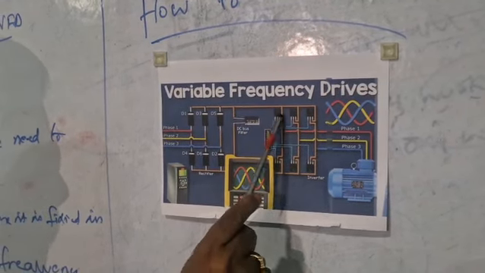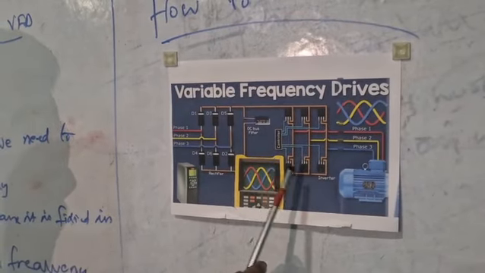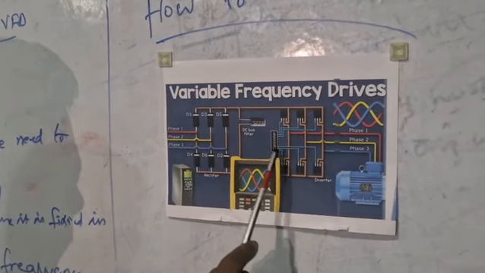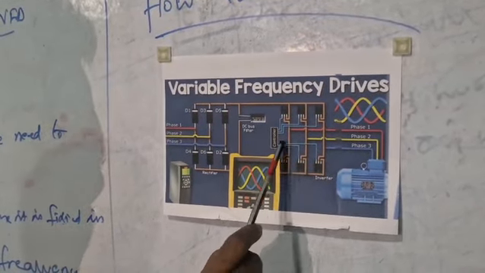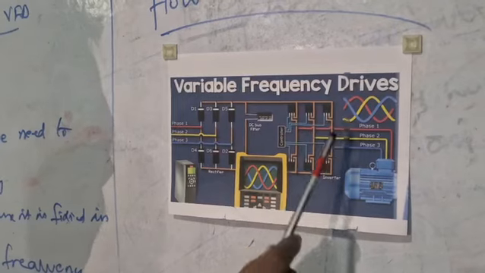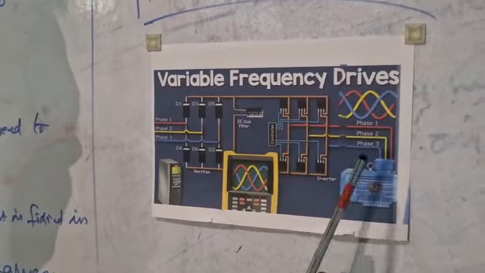Once it is given to the IGBT, insulated gate bipolar transistor, it converts pure DC to pulsed, sinusoidal 0 to 400 Hz frequency output. This output is given to the motors.